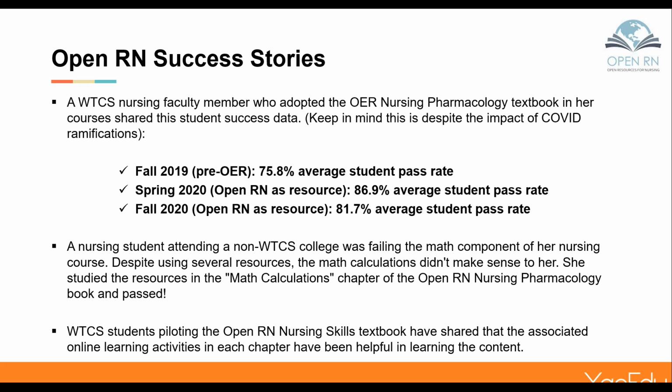So this student used the math calculations chapter of the pharmacology book and was ultimately able to pass the test. Additionally, students are talking about the tools and how they really appreciate the online components, the learning activities, and the case studies, just to go beyond just a textbook and bring everything, the content, into the real world.